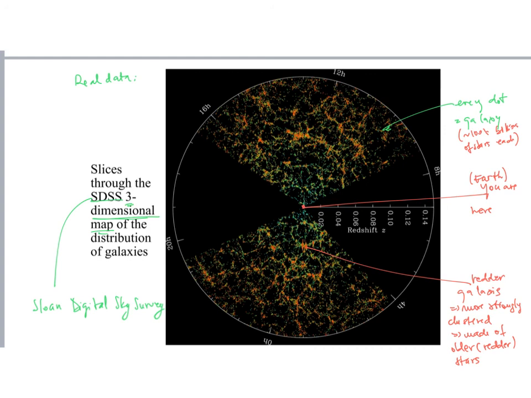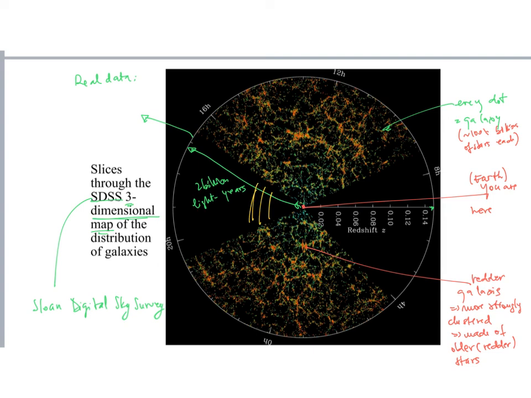The outer circle corresponds to a distance of about 2 billion light years. So it takes 2 billion years for light to travel from here to here. So this distance is 2 billion light years. Okay.